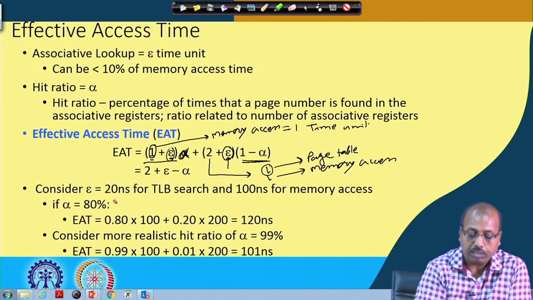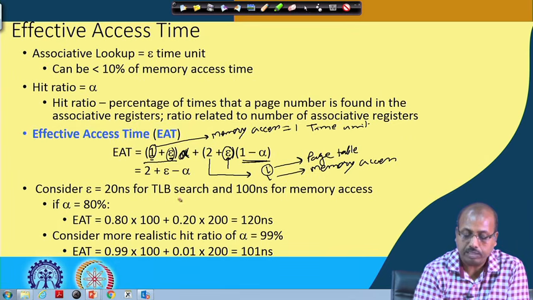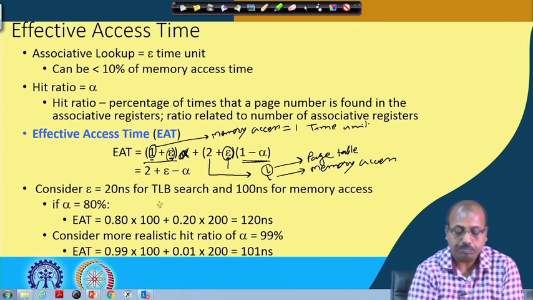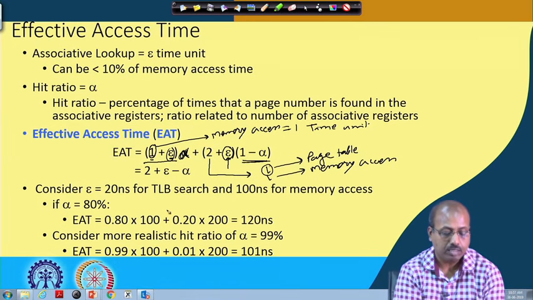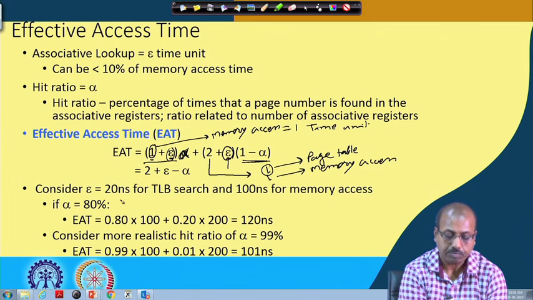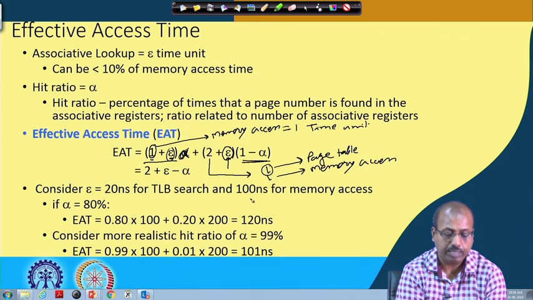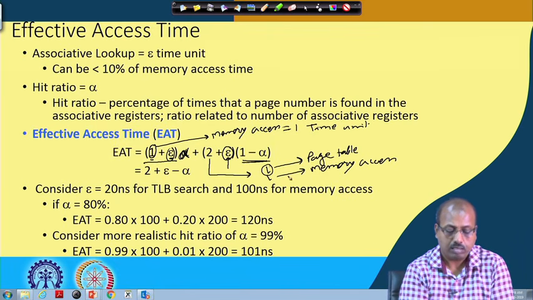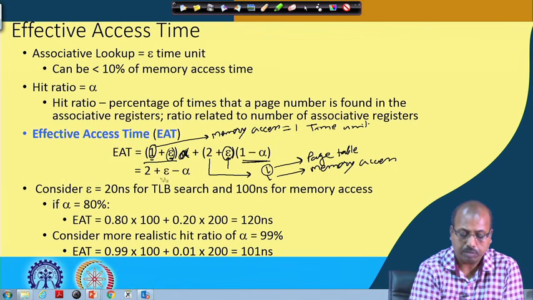If epsilon is 20 nanoseconds for the TLB search and 100 nanoseconds for memory access, and alpha equals 80%, then this is 0.8 into (1 plus epsilon), where 1 is 100 nanoseconds for memory access. The overall formula becomes 2 plus epsilon minus alpha.